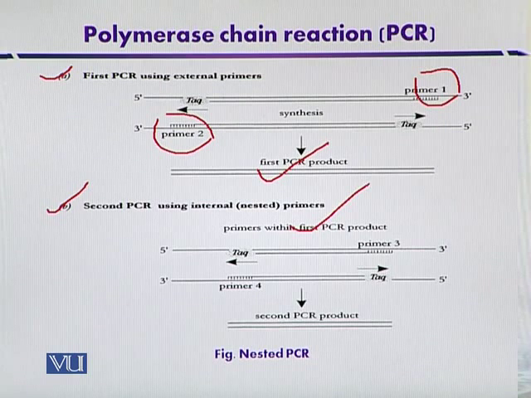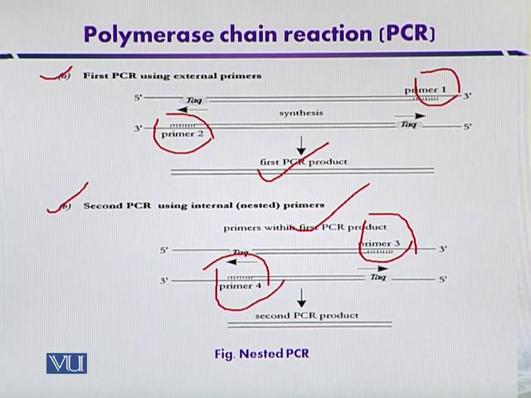Here we are going to use primer 3 and primer 4, and this will result in the synthesis of the second PCR product. So this is the basic outline of nested PCR.